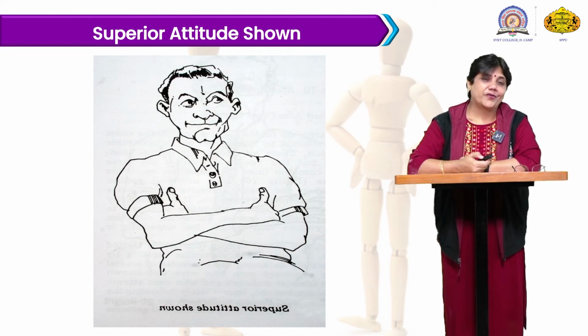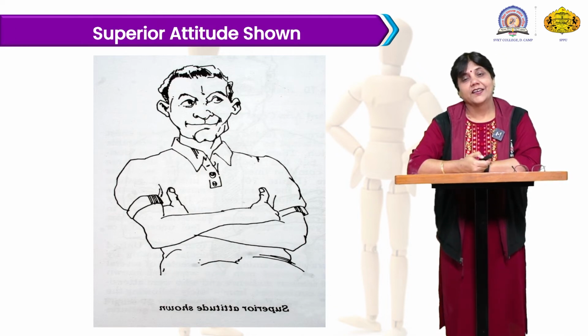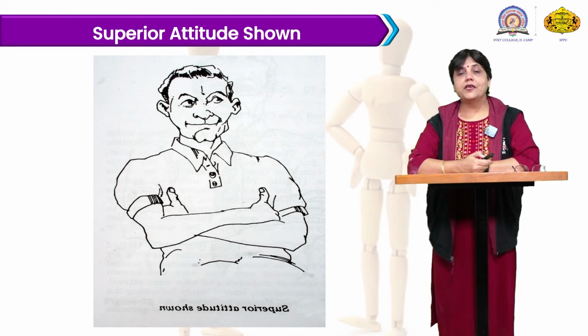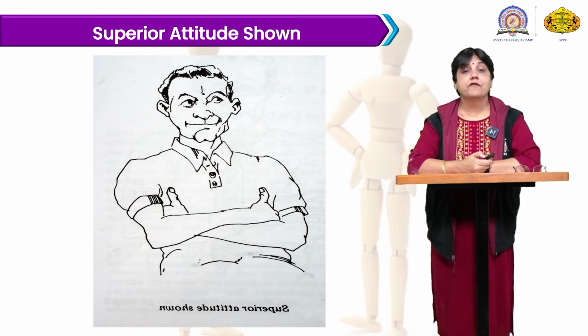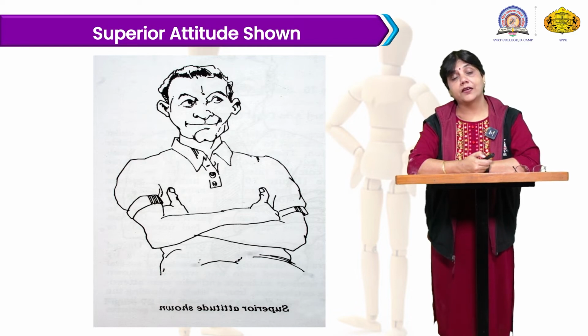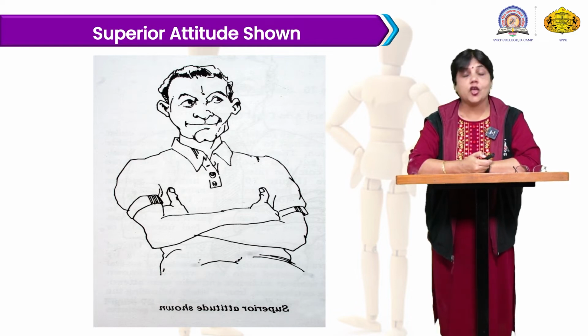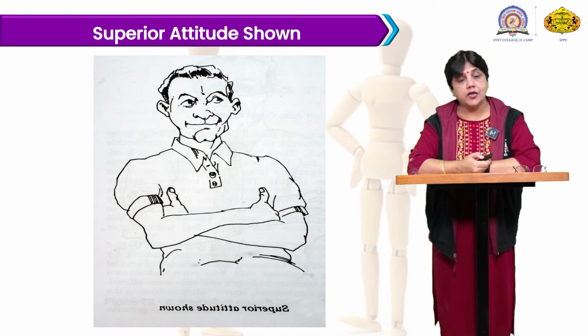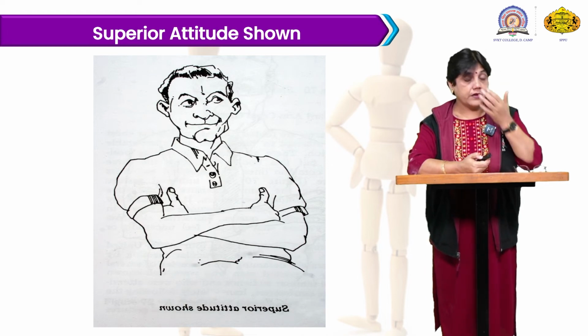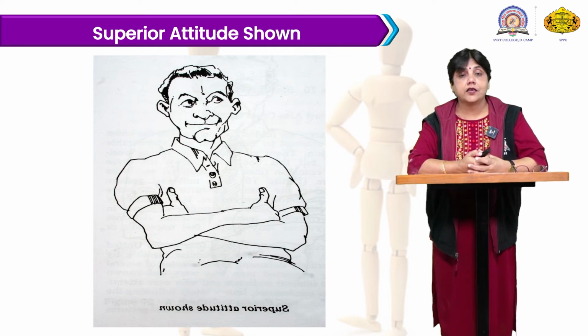Now, very nicely depicted. This is the superior attitude. So, my dear friends, when you are in a public gathering or at your workplace, avoid this attitude because it conveys your superiority.